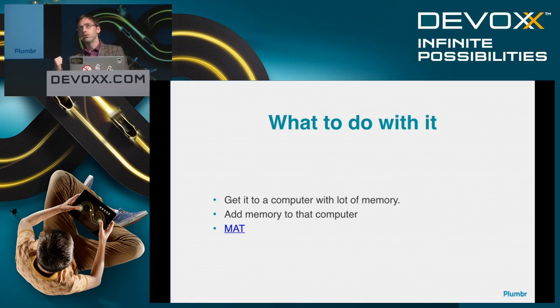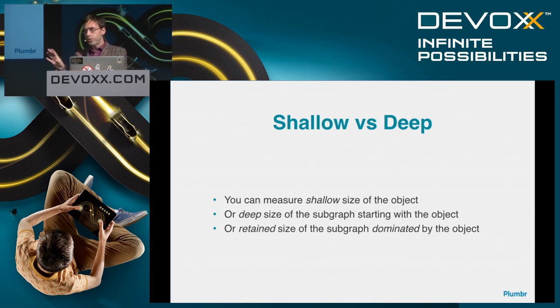And then you download the Eclipse Memory Analyzer Tool, called MAT, and it's the best tool on the market so far to analyze heap dumps, in my opinion. But before I switch to Memory Analyzer Tool, we should speak about the size of the objects.